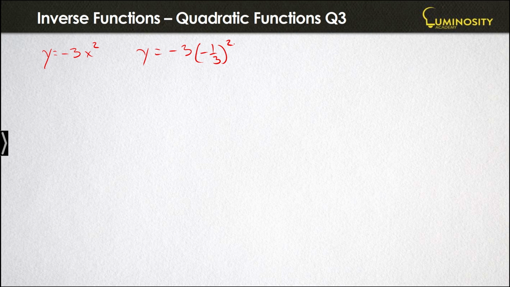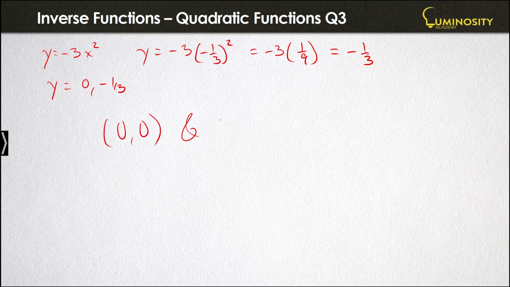So here, what we get is negative 3 times 1/9. And negative 3 times 1/9 is just negative 1/3. So that means our y's are 0 and negative 1/3. So that means that we have 2 points of intersection at (0, 0), and at (negative 1/3, negative 1/3). And that's how you find where these two intersect.